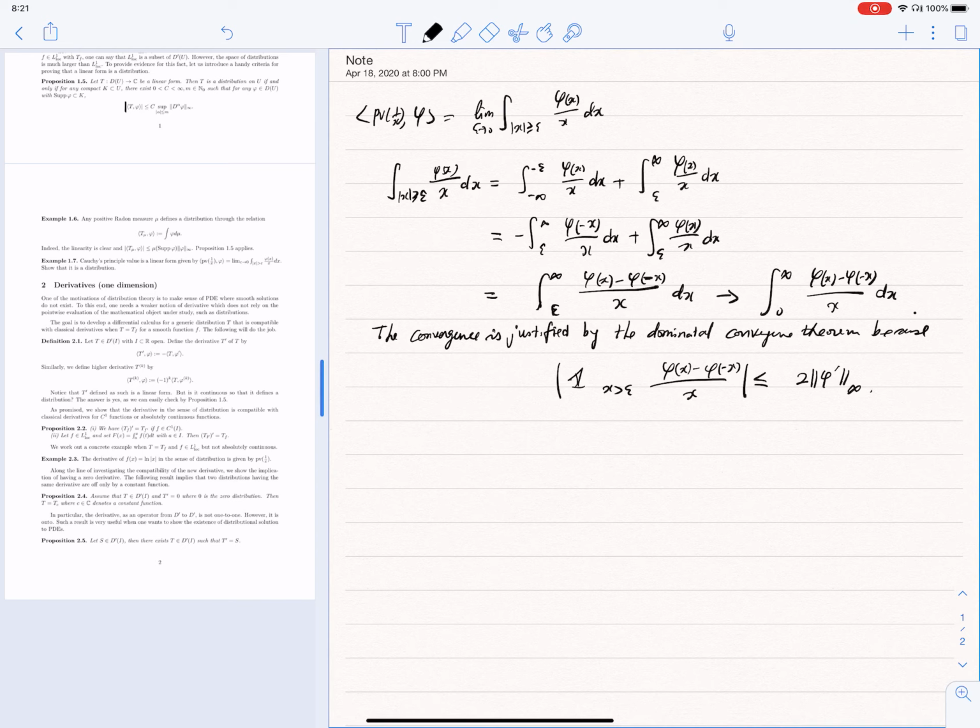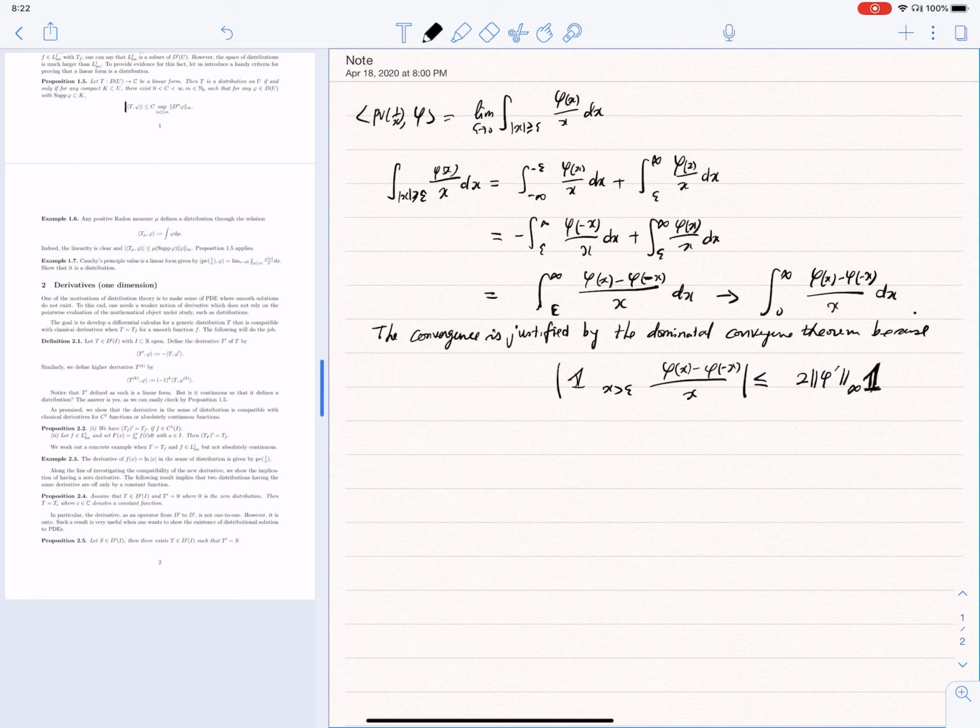Also don't forget about the domain, the support of this function phi, because if we consider x outside of the support of the function phi, the left-hand side will be 0. So let's put in an additional indicator, the indicator of the support.